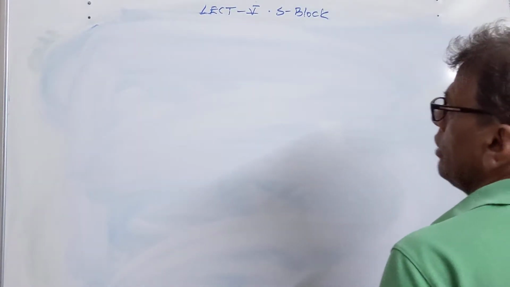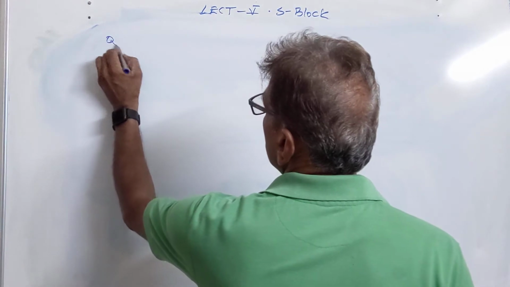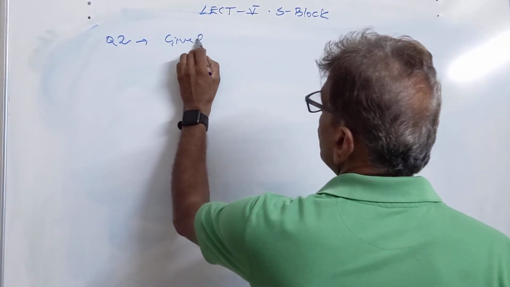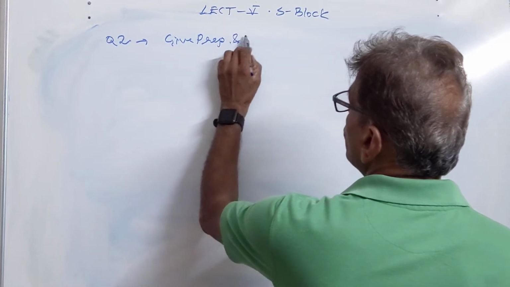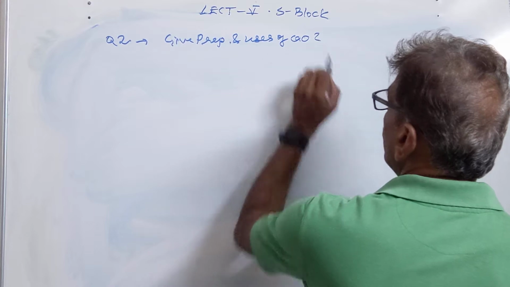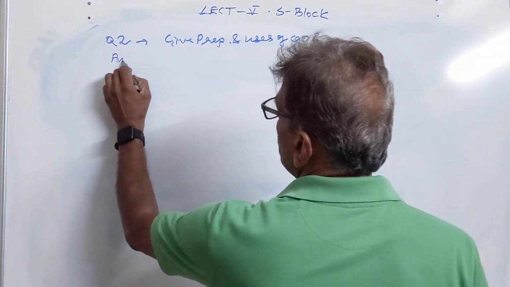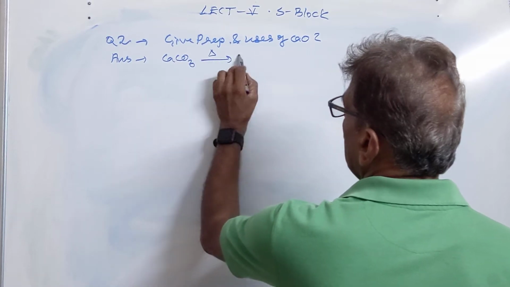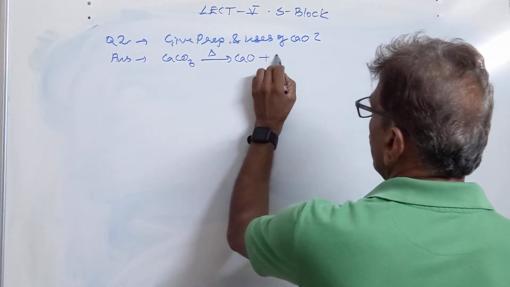Then we have the next question: give preparation and uses of quicklime, CaO. How can it be prepared? CaCO3 on heating decomposes to give CaO plus CO2.